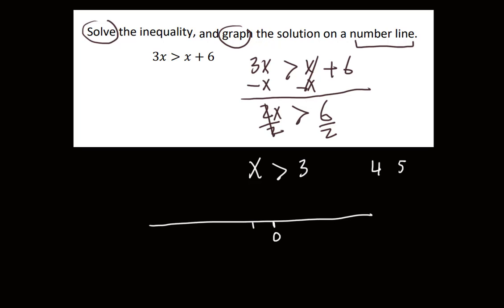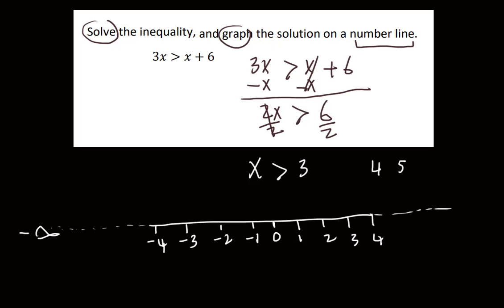So now I have negative 1, then negative 2, then negative 3, then negative 4. Then the numbers will keep decreasing all the way to negative infinity. On the right side we also have 1, then 2, then 3, then 4.